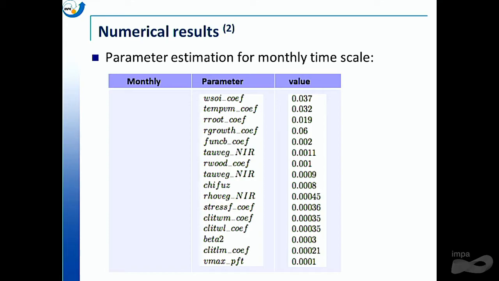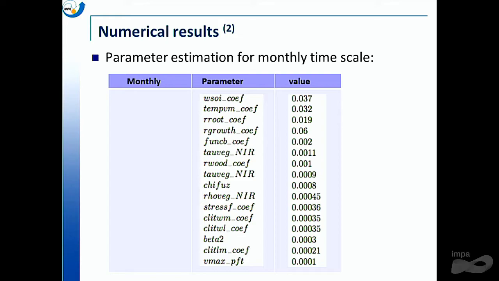For example, the most important parameter here for monthly is this parameter here, and then this one, and this one, and this one, and this is classified in terms of relevance of the sensitivity impact for the model. And so you don't need to memorize all of these parameters and these numerical values. Forget about it. Try to remember these three parameters here.